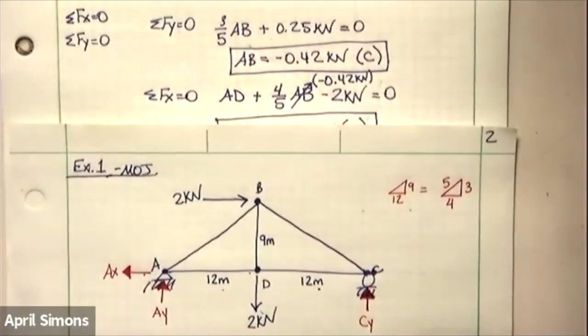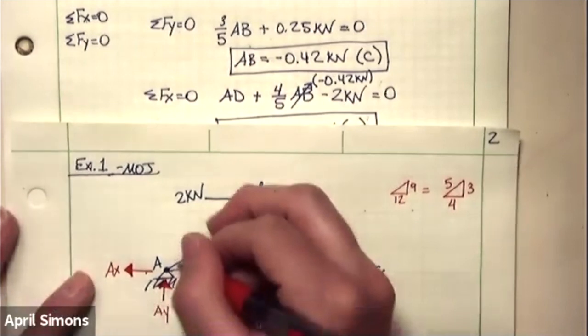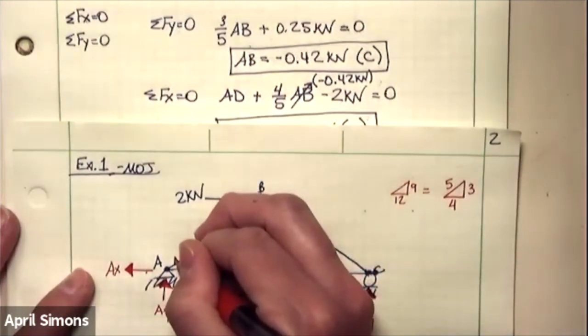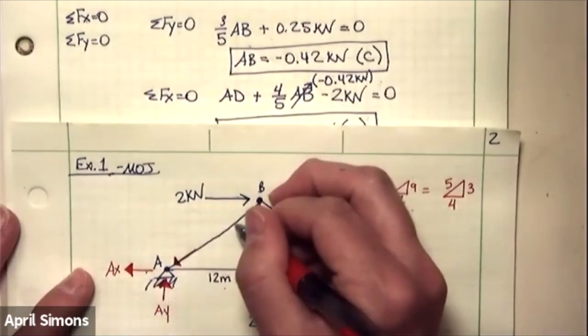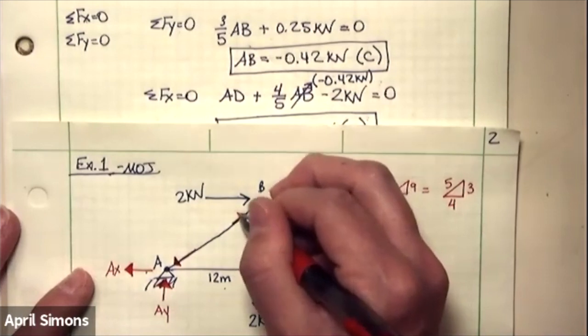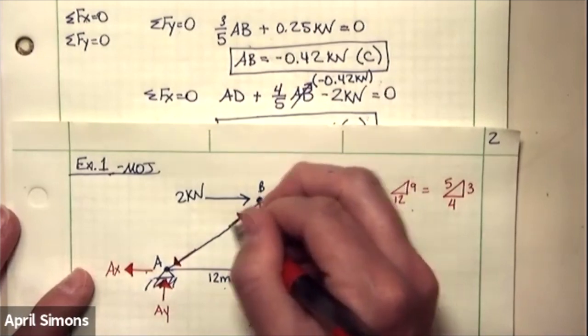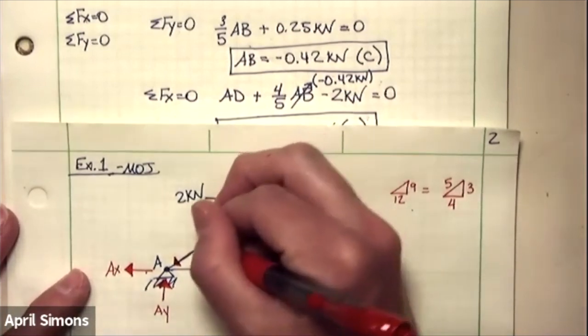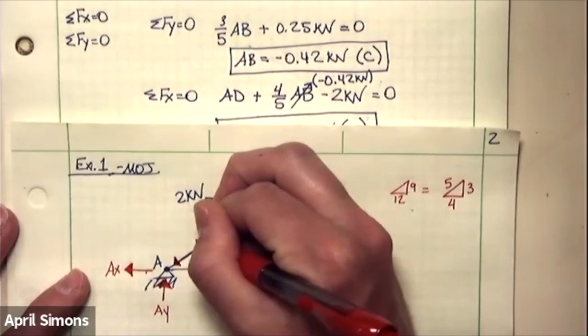Compression, opposite of tension, means that the arrows go toward the joints. So to show that this member is in compression, we want to show it with the arrows here going towards A and B. And the value we got for that was 0.42 kilonewtons.